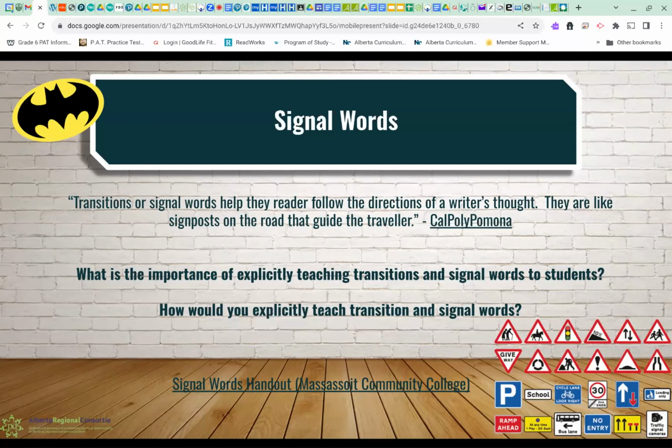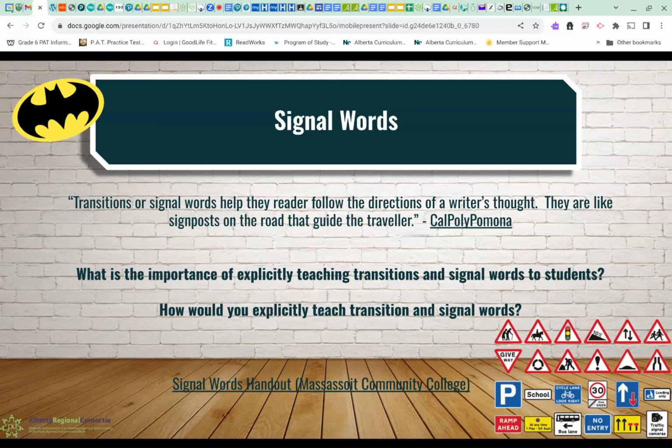I was working with a teacher once, and they had a 30-2 student in their classroom. And they said, they're making their point, but there's just something missing in their writing, and I just can't put my finger on it. And when you look at their writing, they don't have any transition or signal words.